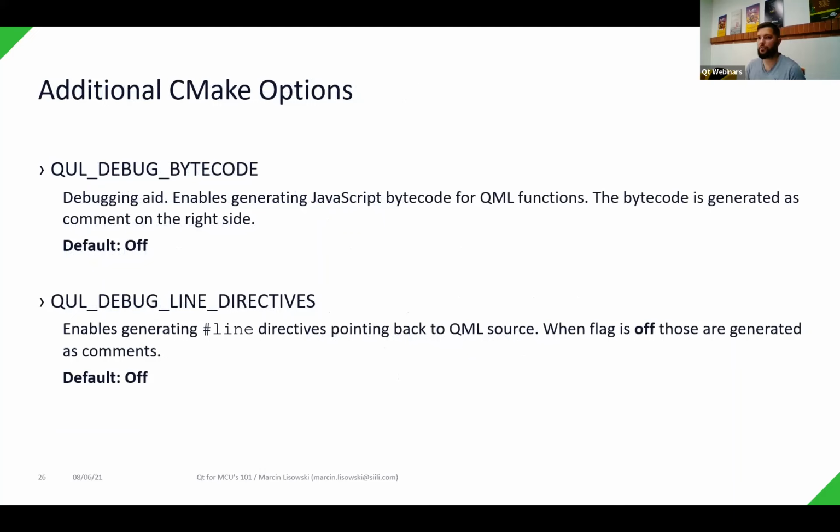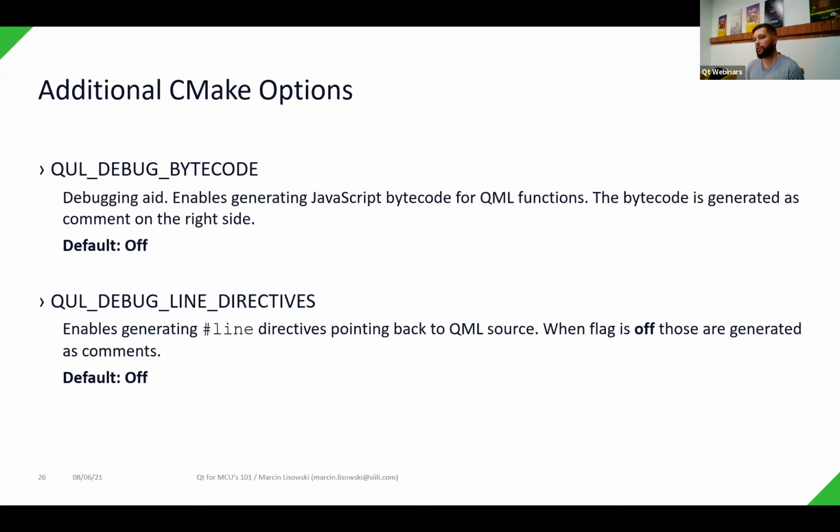Some additional things: you can enable generating JavaScript bytecode by defining QL debug bytecode. This will then be generated as a comment to the right side of the code from the artifacts of the build process.